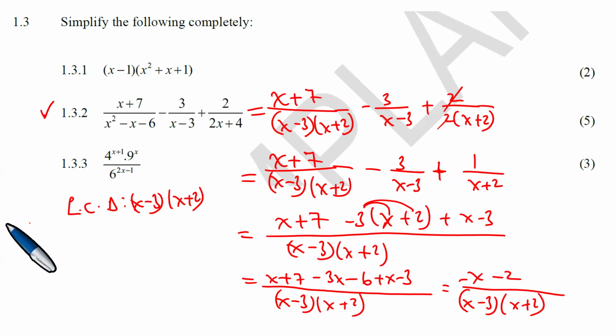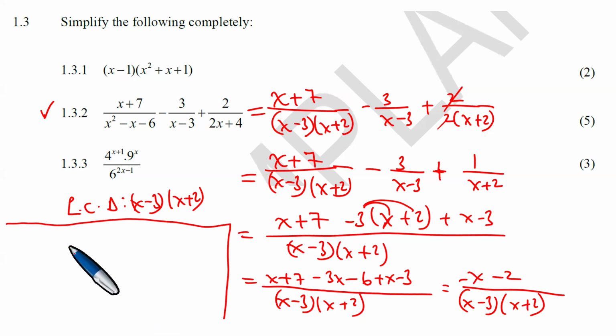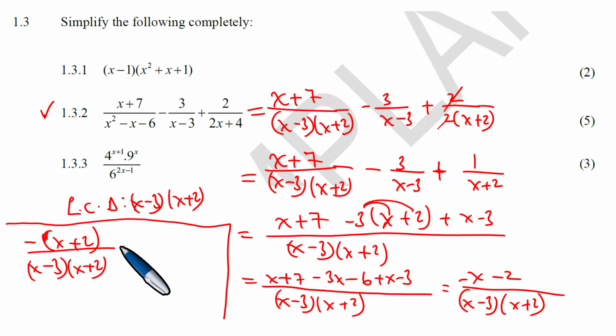Upon careful examination, we factor out a negative from the numerator, giving us minus, open bracket, x plus 2, and in the denominator we have x minus 3, x plus 2. Now these questions you need to do on your own when you watch the video again.